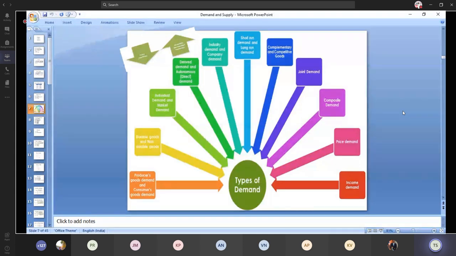And the next one is complementary and competitive goods. What do you mean by complementary commodity? Ma'am, if I have a printer, then for that printer we need the cartridge.